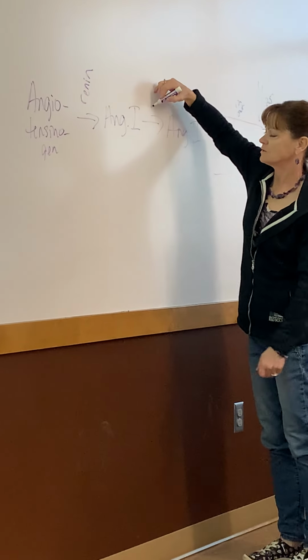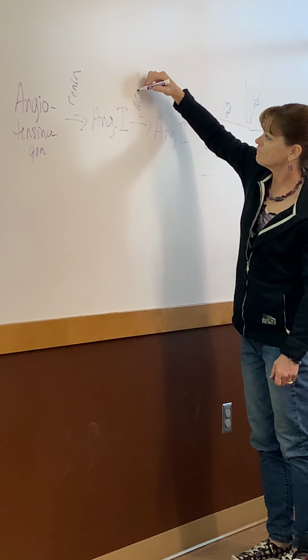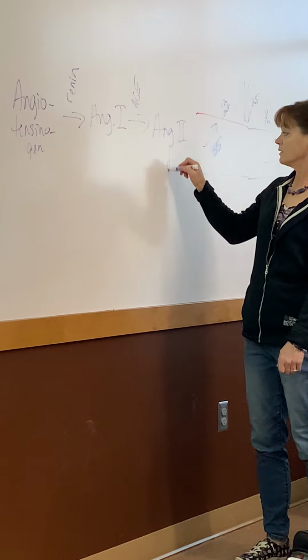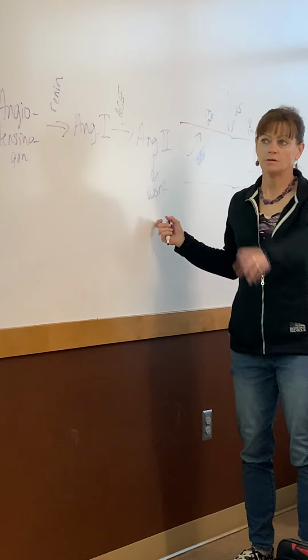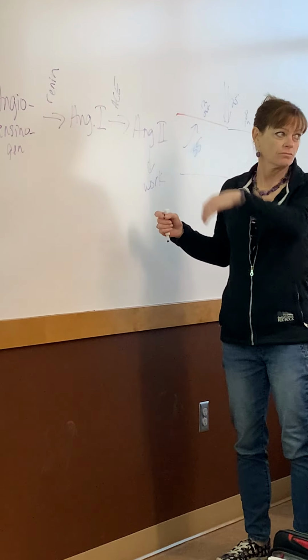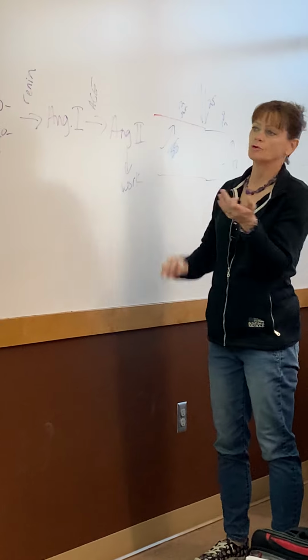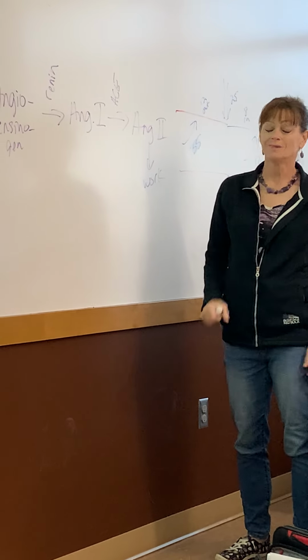And who does this? The enzyme, that enzyme called angiotensin converting enzyme. And then this guy does all that work. He's the one that tells everybody, well, we gotta release aldosterone, we gotta release ADH, we gotta drink stuff, we gotta vasoconstrict, we gotta make the heart beat faster, okay?